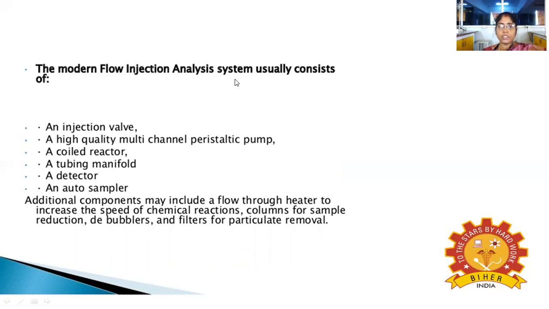This usually comprises a basic setup, as we have seen in the manual case: the injection valve, the pump, your reactor, where the reaction is carried out, the detector, and the autosampler. So this can be used for any number of chemical analyses in large scale industries or chemical or unit processes or any process.